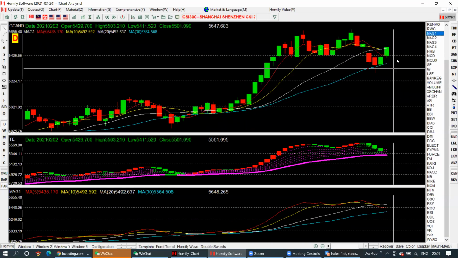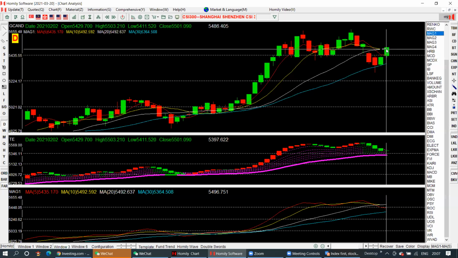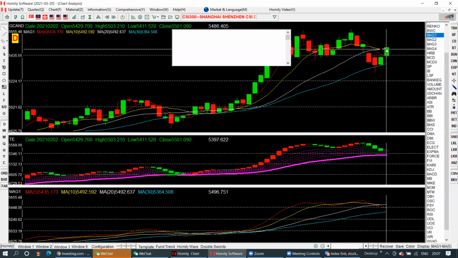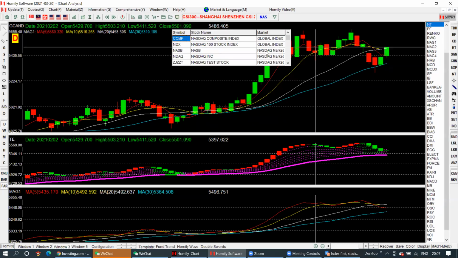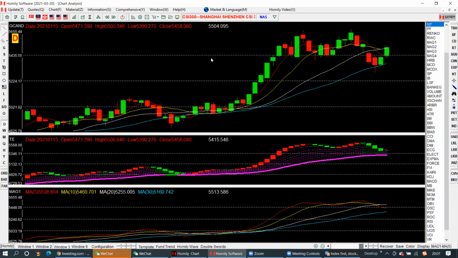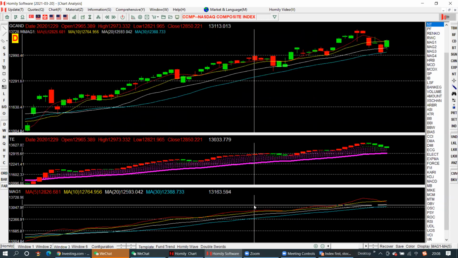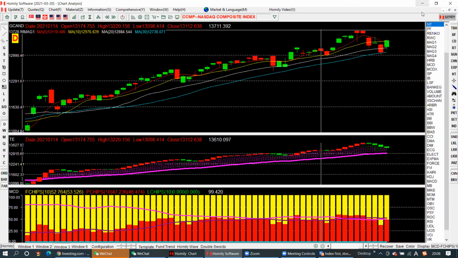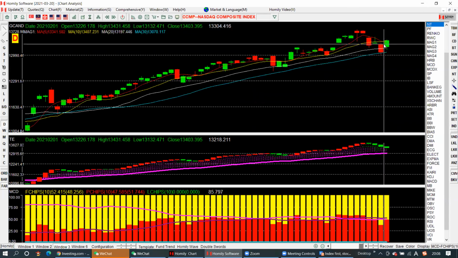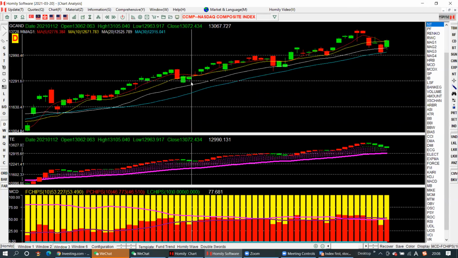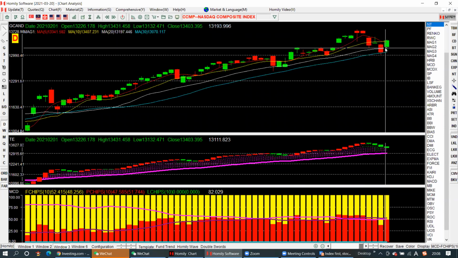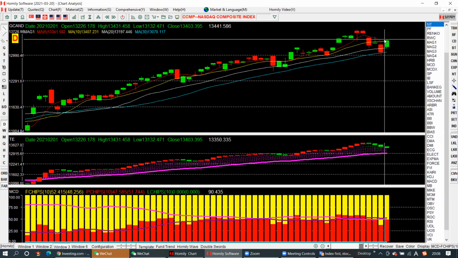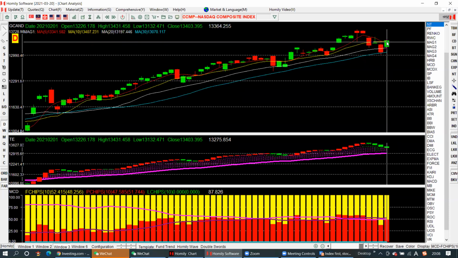Like our Nasdaq, you can see it's increasing, but we have a support here around MA20, and another resistance at MA10.